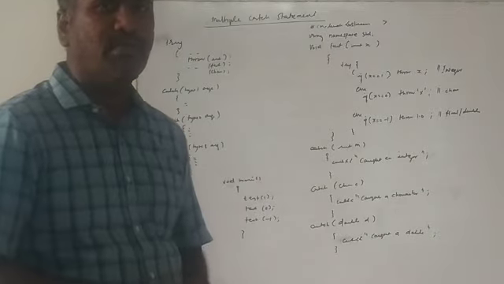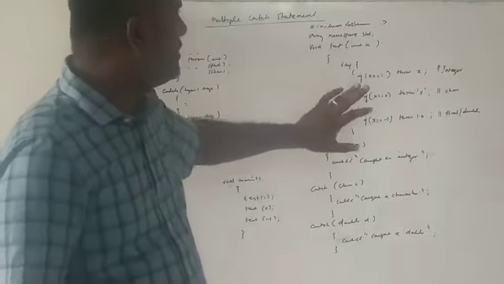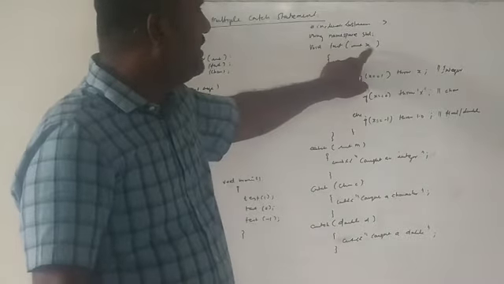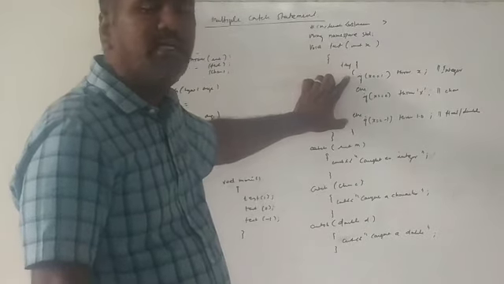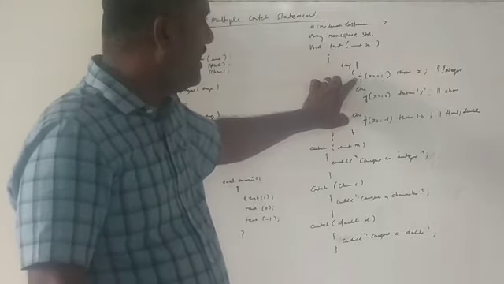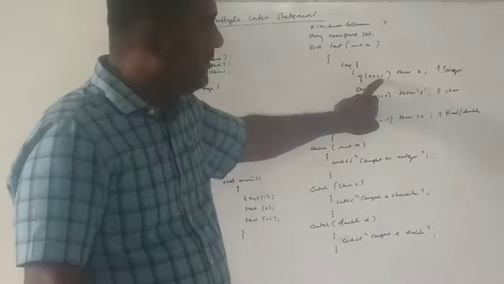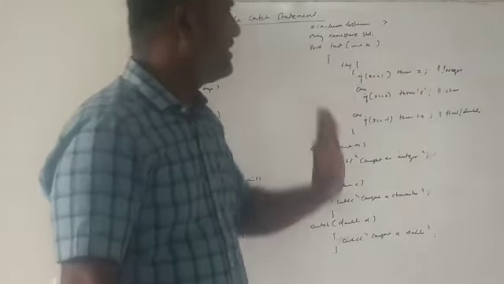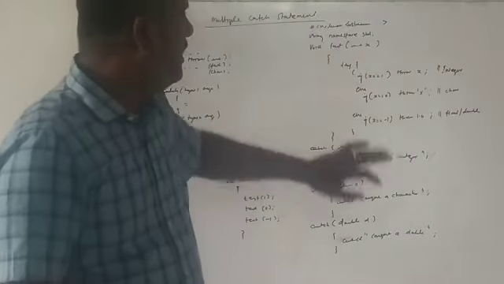Here in this void test integer x, the try block has three kinds of throw statements. First you check the positive argument: if x equal to 1, throw x, that means an integer.